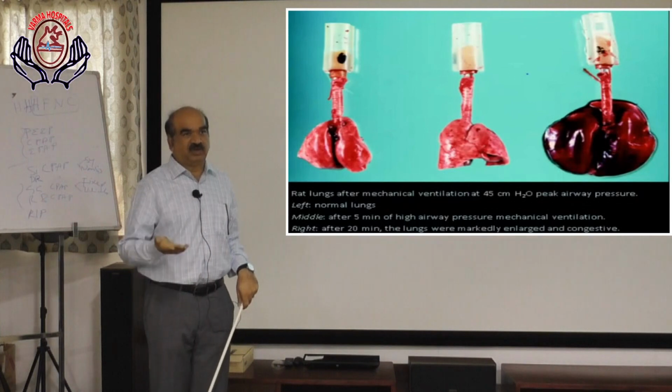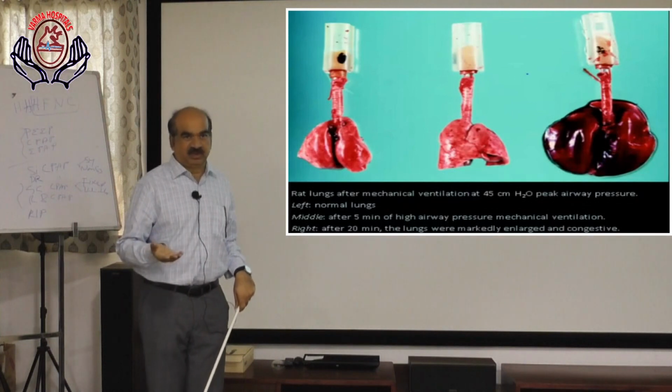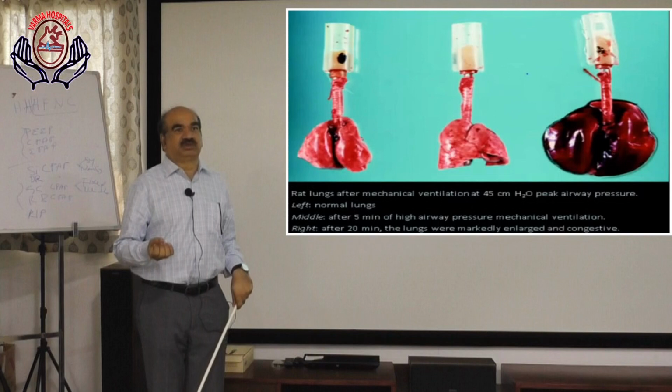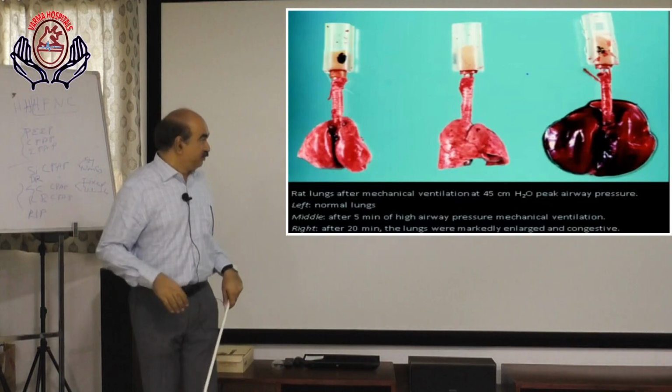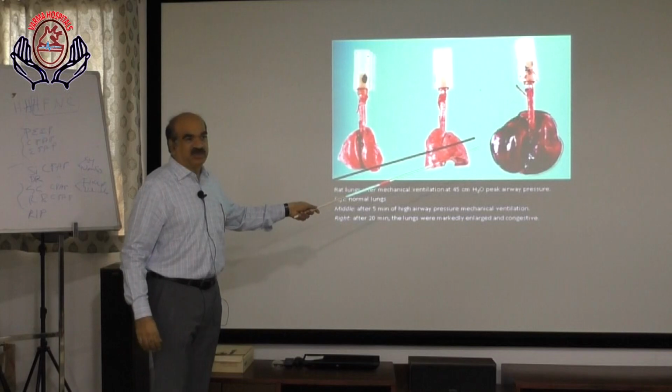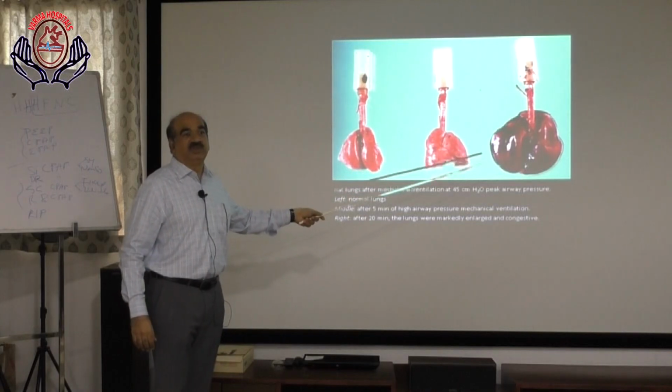If you give high tidal volume, that is called volume trauma. If you give high pressure, that is barotrauma. Atelectasis, atelectrauma. Again, there is biotrauma. Biotrauma means there is inflammation and edema to the entire lung. So, just 20 minutes of high pressure, high volume can cause severe biotrauma.